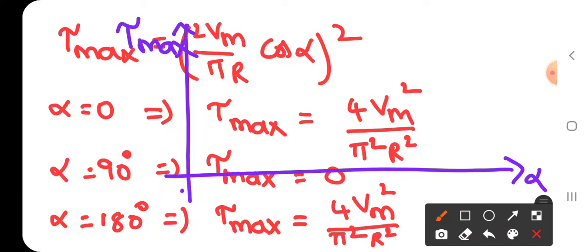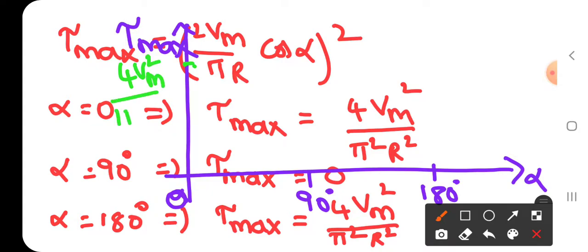At alpha equal to 0 it is 4 V_m squared by pi squared R squared, at 90 degrees it is 0, and at 180 degrees again the same value.